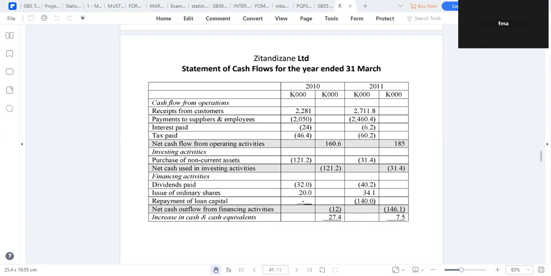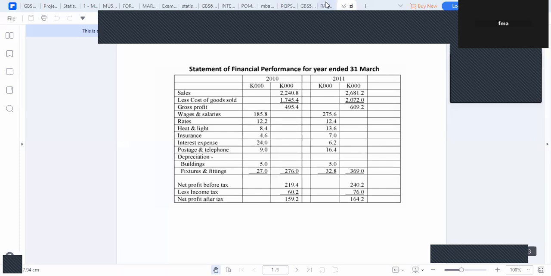Let me open this financial statement. Current ratio. So here are the two ratios.